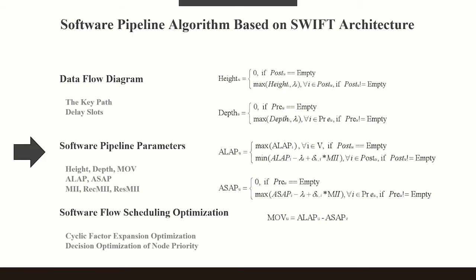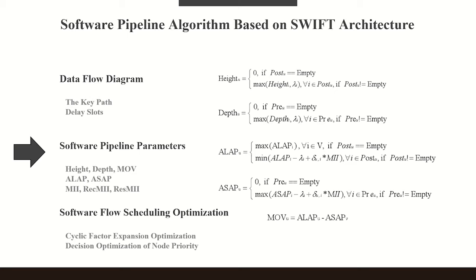The second step is the calculation of some important parameters as shown in the figures on the right, where the height of instruction represents the maximal number of instruction successors. Instruction depth represents the delay of instruction on the register critical path. Mo represents the flexibility of instruction in scheduling algorithms.